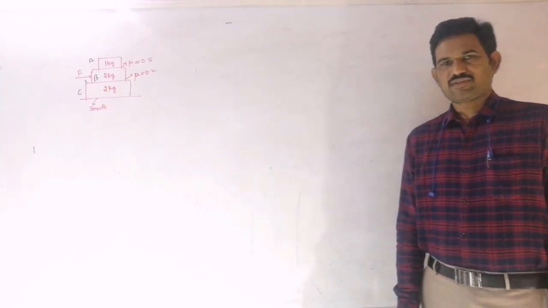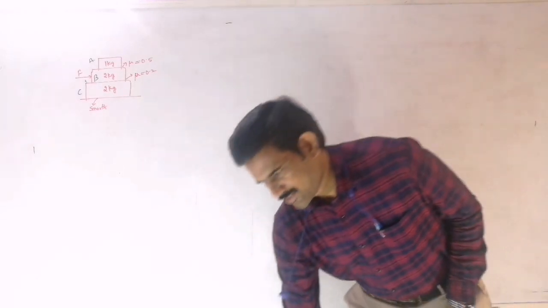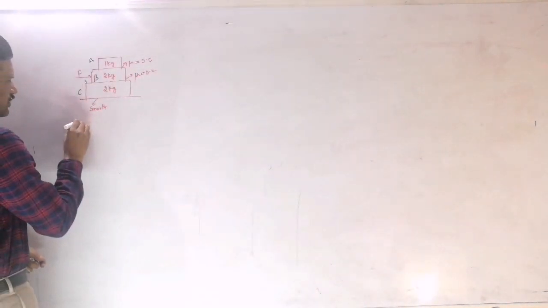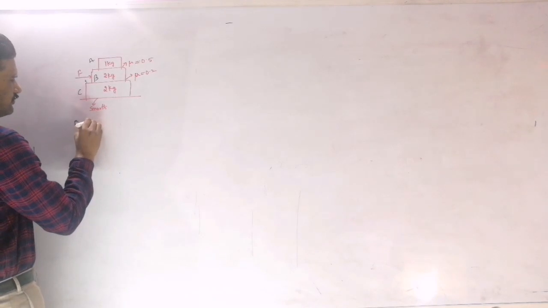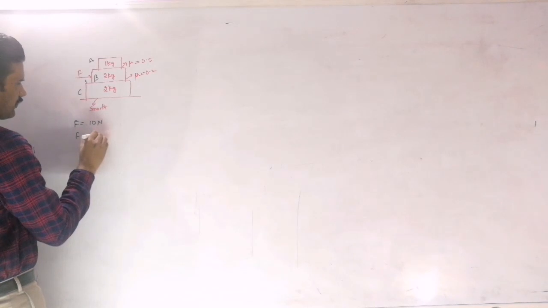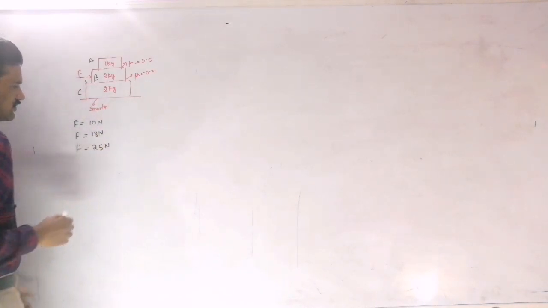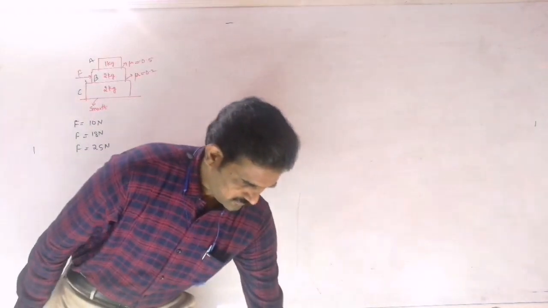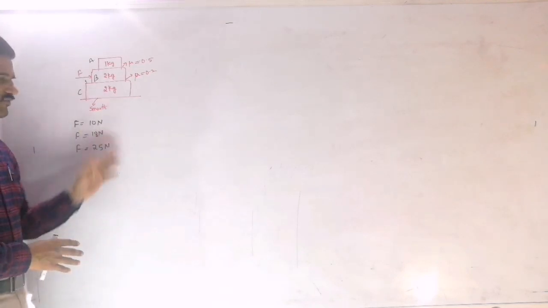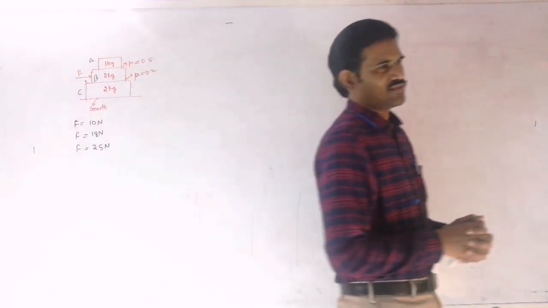Next, find acceleration and frictional force acting between different surfaces when F is say 10 newtons, 18 newtons, and when F is 15 newtons. That means for these three values we need to calculate accelerations and then frictional force between the different surfaces.